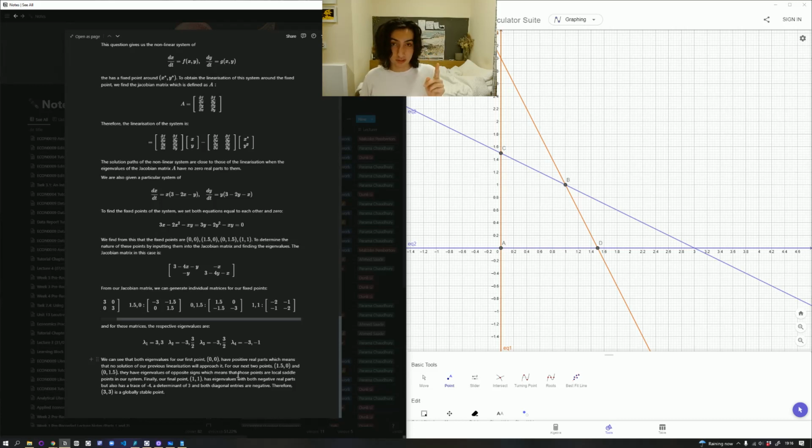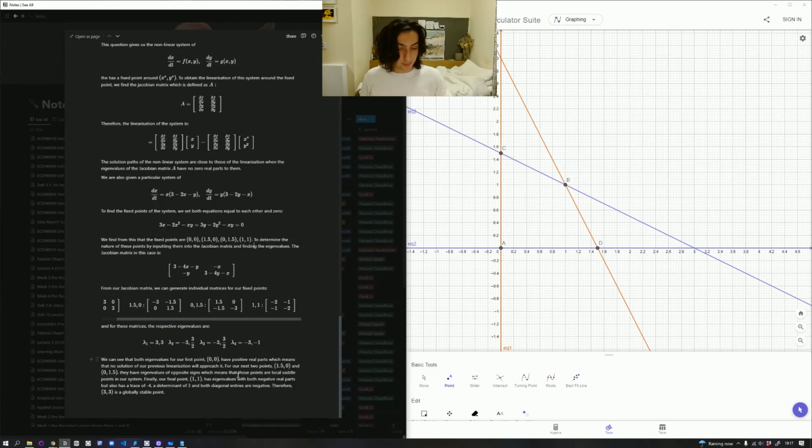The first one is necessary, and one of the other two has to be fulfilled. So we can see, first of all, that both our eigenvalues are negative. That's one condition. But we also have a condition that says if the trace is less than 0 and the determinant is more than 0, then that fulfills a condition for global stability. Both diagonal entries being negative is the other condition, out of the two optional ones.